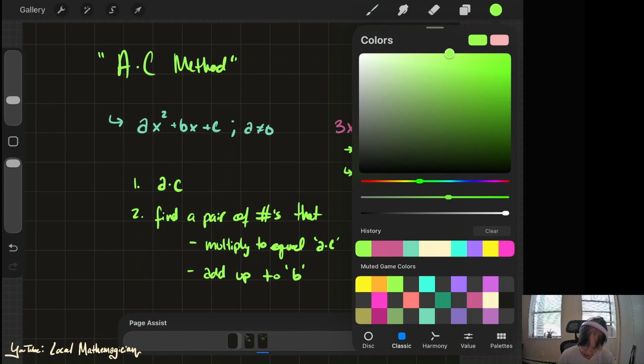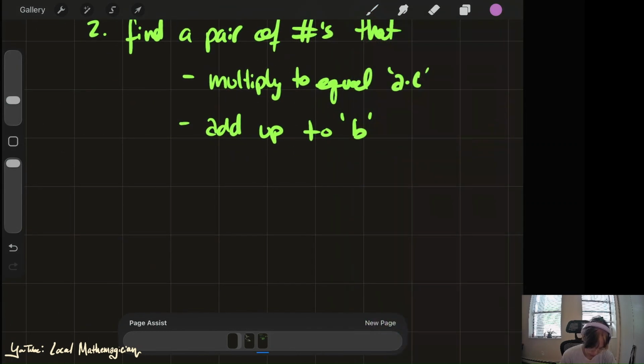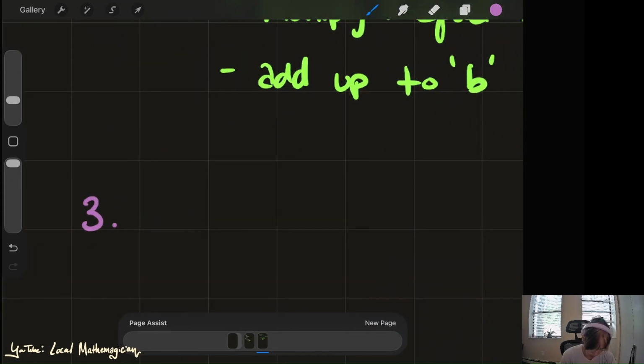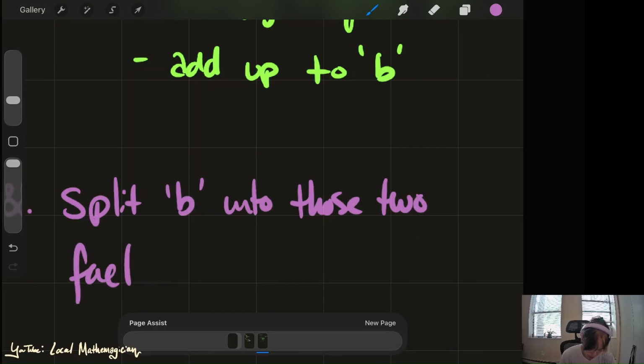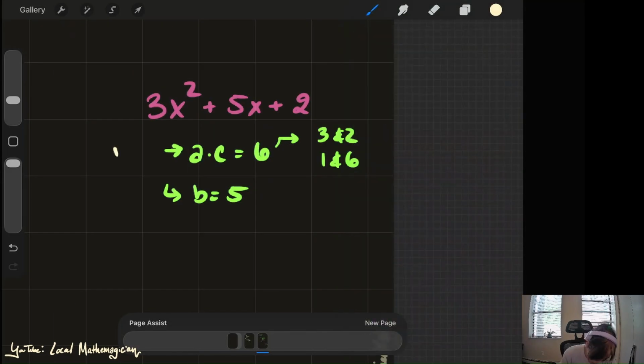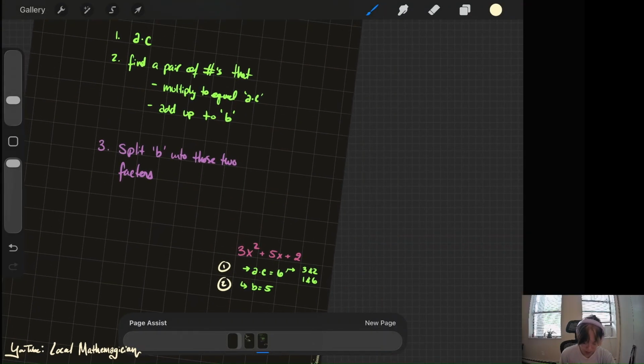The next thing you're going to do is split b into those two factors. Step 3: we want to split b into those two factors.